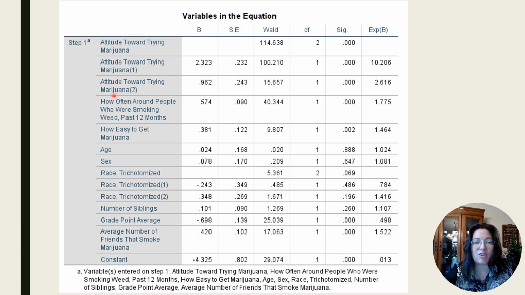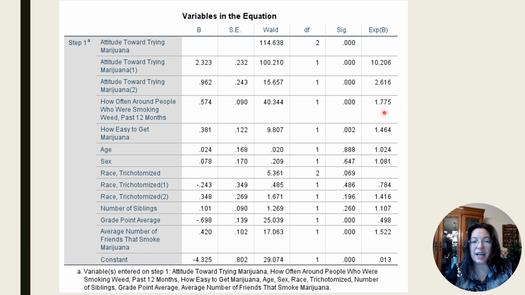So here are all our predictors, and here are the significance values within this column. And you can see that some of them are not statistically significant, like age. Age is not relevant, neither is sex, neither is race, but grade point average and average number of friends that smoke marijuana, and how often around people that smoke marijuana, all of these are statistically significant.